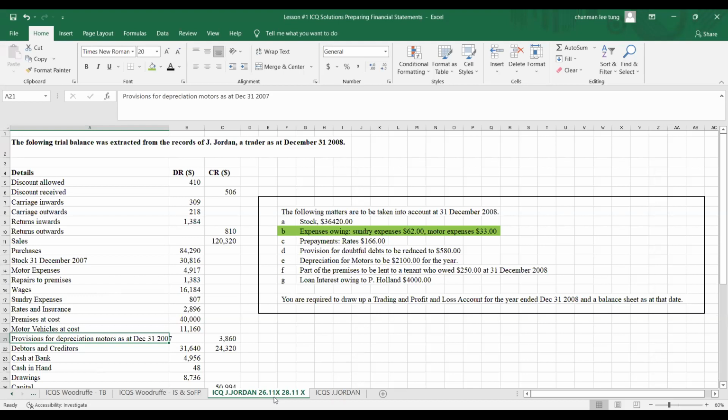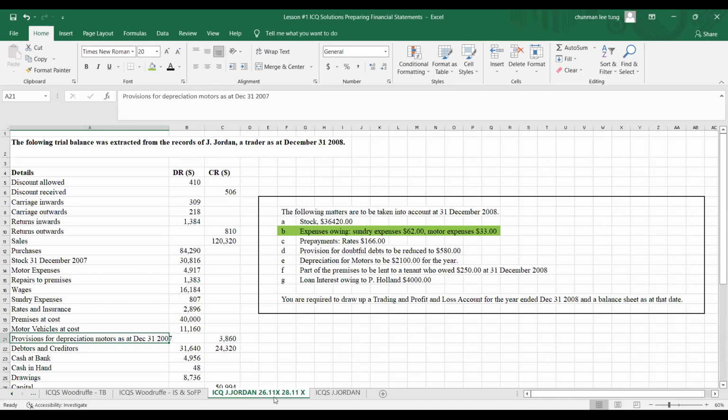So we have it very easy. They actually tell us what the depreciation expense is. You do not record the provision for depreciation in the profit and loss account. I'm repeating that. You are not to record the provision for depreciation in the profit and loss account. You will record it in your balance sheet. The only expense that will be affecting depreciation for any asset is the depreciation expense, which will only be in the profit and loss account.